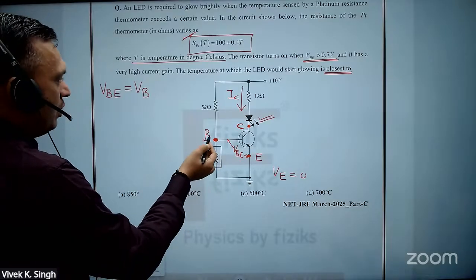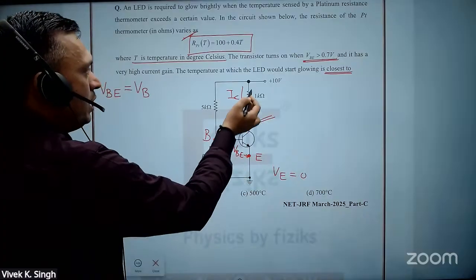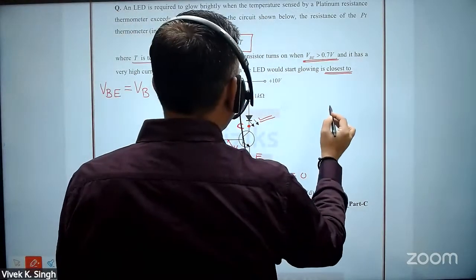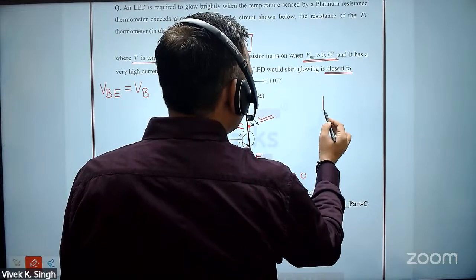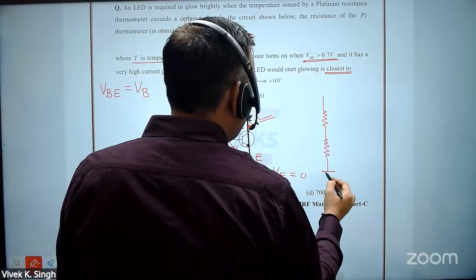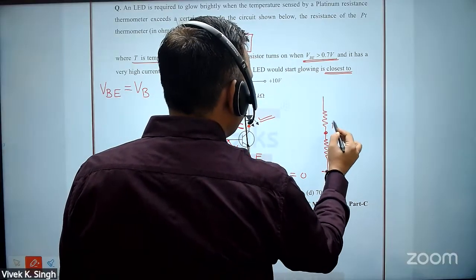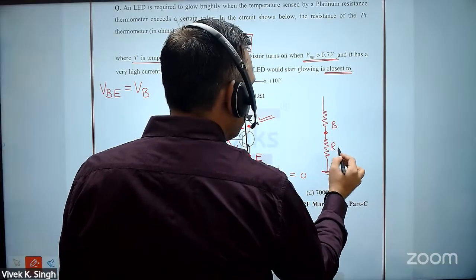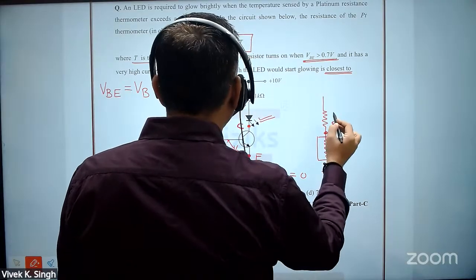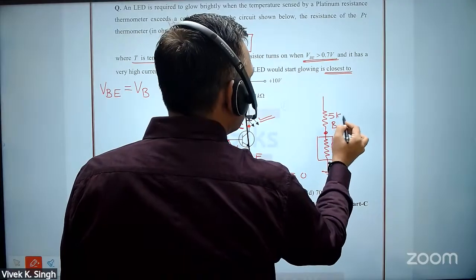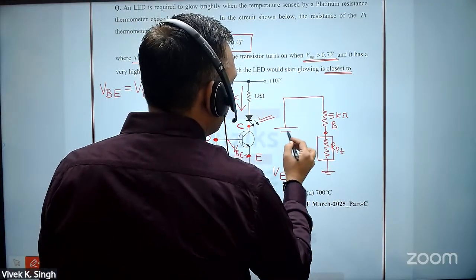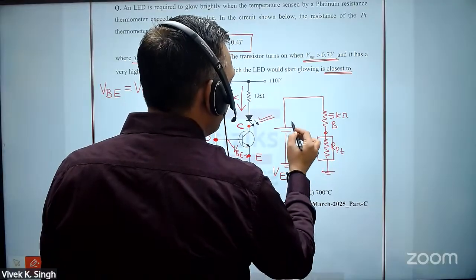Then if you draw the equivalent for this particular part, you have this circuit. This part is grounded. This is VB, this is the platinum resistance, this is 5K, and this is connected with 10 volt, and this is grounded.